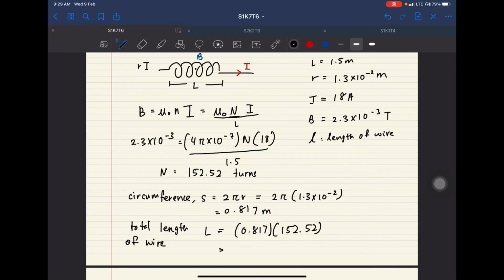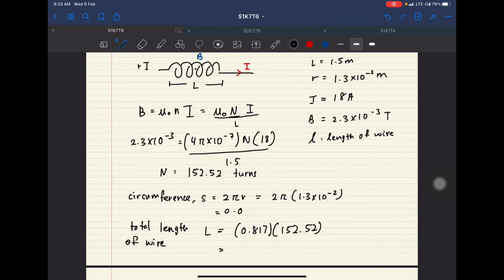Okay, so this one I got, what should this? 124 before. Okay, I think I have pressed the calculator wrongly.